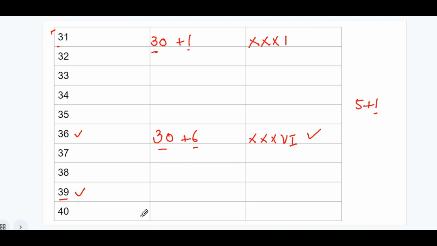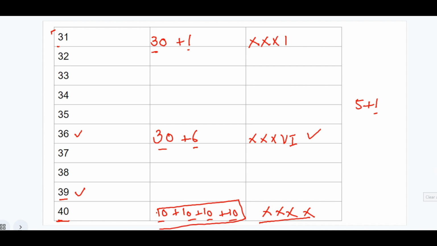But what happens when you will reach up to 40? What will happen? The thing is that 40 is equals to 10 plus 10 plus 10 plus 10, because again you have 4 times 10 over here. That means you need to write now X, X, X, X. And when this type of situation comes, what you need to do?